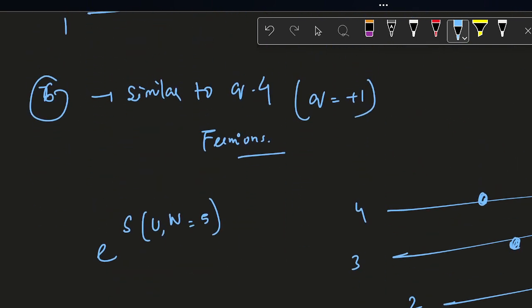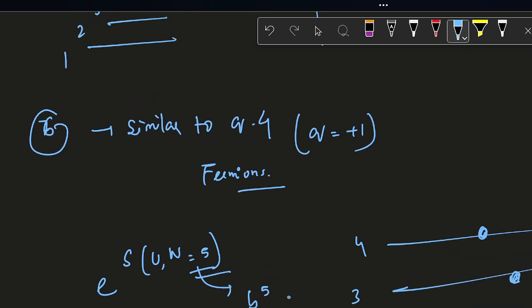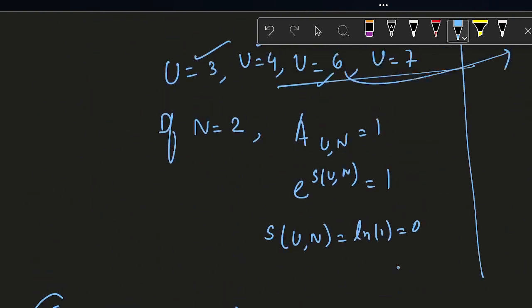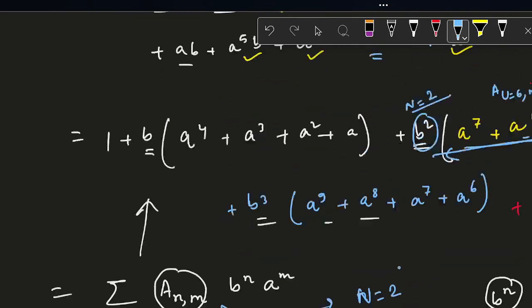Now this thing is given. We can also check the same thing by your mathematical formulation by checking the coefficient value. You have to do n equal to 5. That means the coefficient with b to the power of 5, and the a value can be any, coefficient of a to the power of u. Okay, so let us check what was there for b to the power 5 in the product.